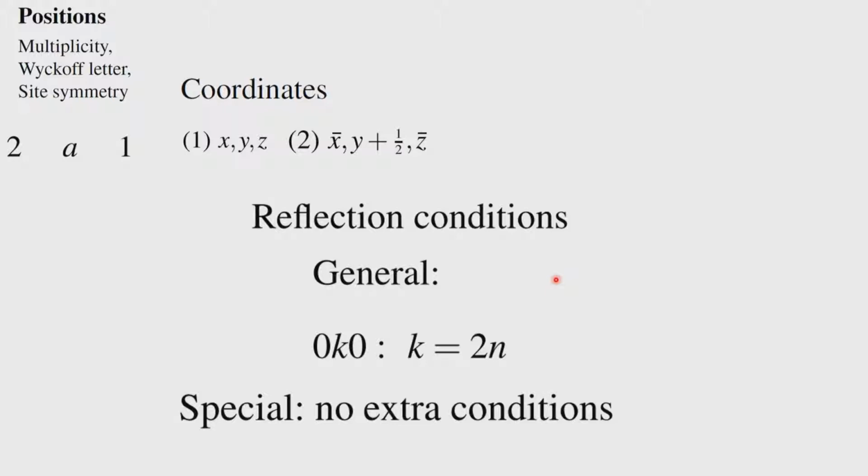But if you look at the systematic absences due to the symmetry element, the symmetry element is a 2 1 screw, and therefore the reflections along the axis, 0 k 0, will be systematically absent. So, k is equal to 2n. These entries will be there in the International Tables. I have blown it up so that we can discuss it in more detail.